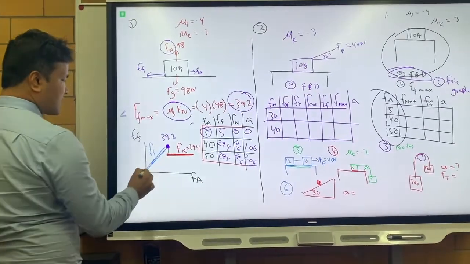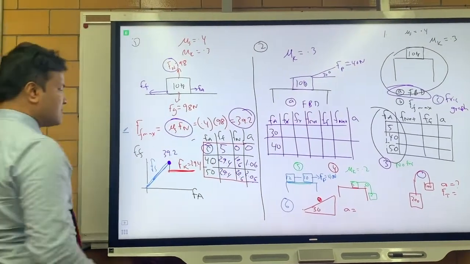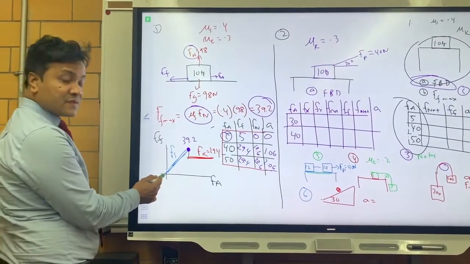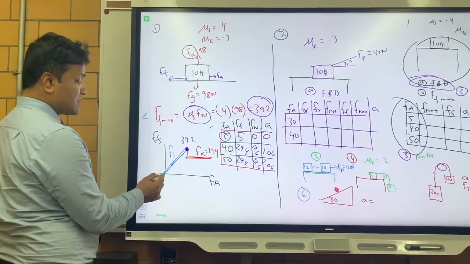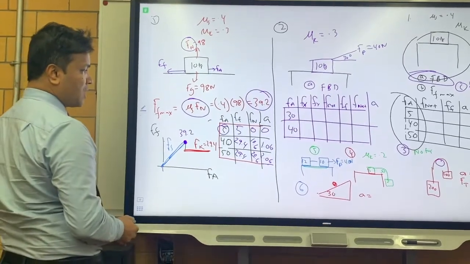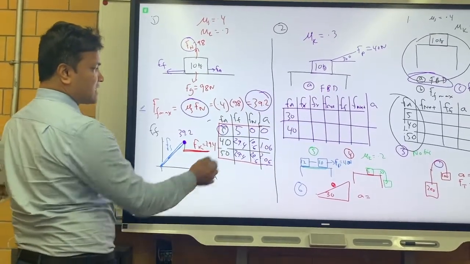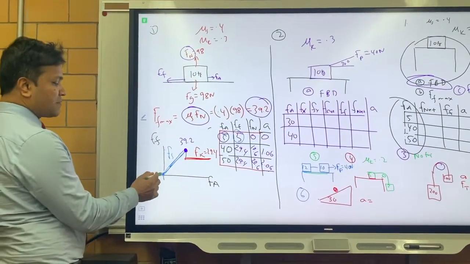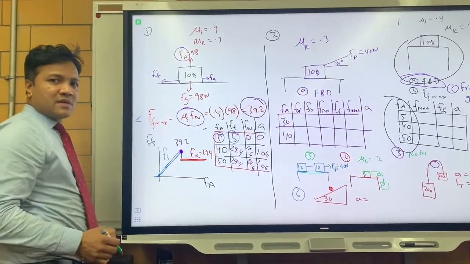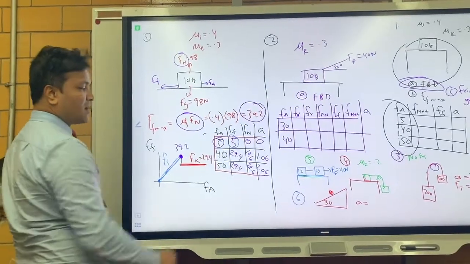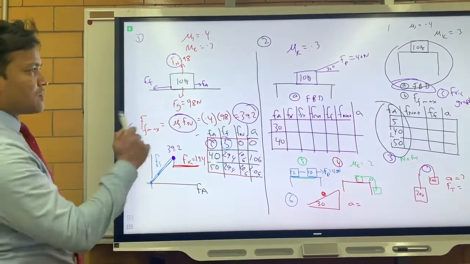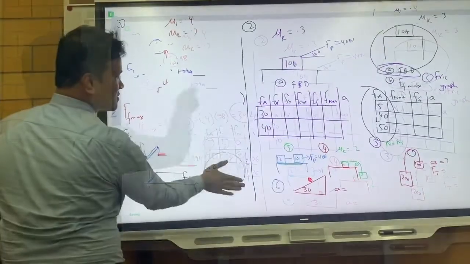So Fs can be different, right? If you apply zero force, then static friction is 0. If you apply, for example, 5 Newton, then static friction is 5. So static friction can be anything between 0 to 39.2, but kinetic friction has to be only 29.4. Okay, we are done with problem number 1. Now we're going to do problem number 2.